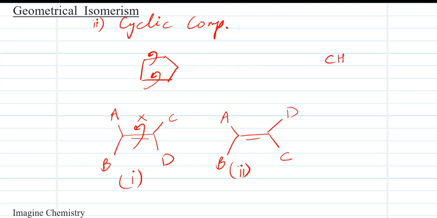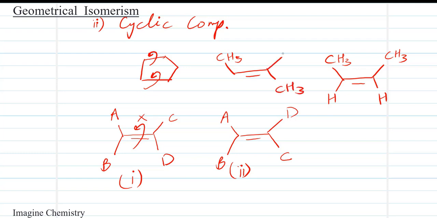Let's say we have the compound 2-butene over here. In one case both CH3 groups are on the same side, and in the other case both CH3 groups are on different sides. These two molecules are completely different, right? Such isomerism, which occurs due to the presence of restricted rotation of bonds, is called geometrical isomerism.